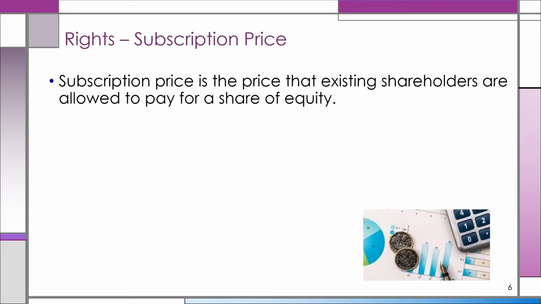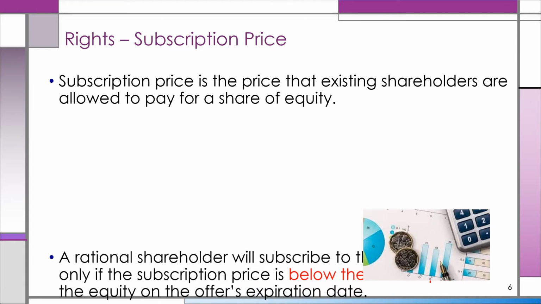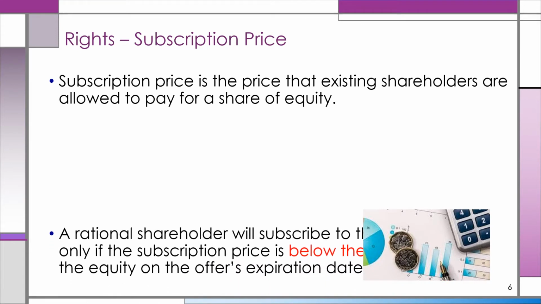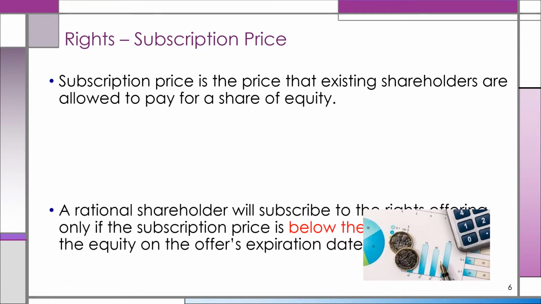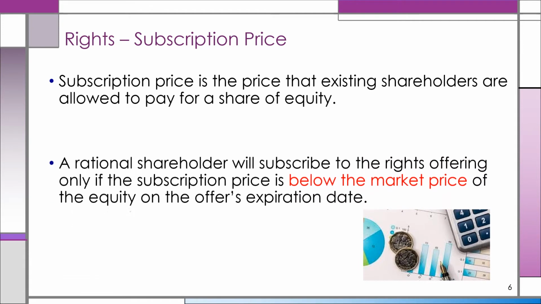In a rights issue, the subscription price is the price that existing shareholders are allowed to pay for a share of equity. Is the subscription price higher or lower than the current market price of common stock? What do you think? A rational shareholder will subscribe to the rights offering only if the subscription price is below the market price of the equity on the offer's expiration date.